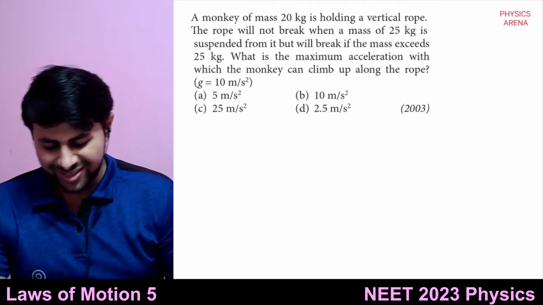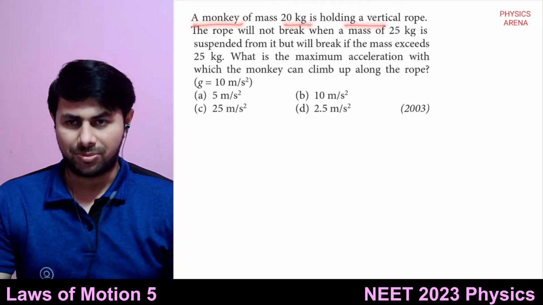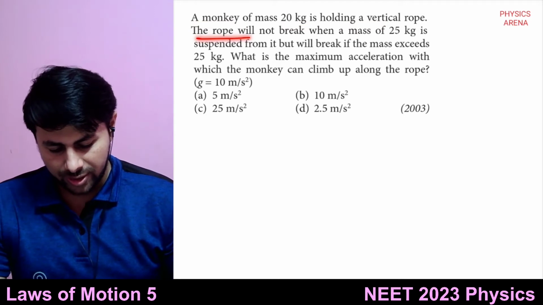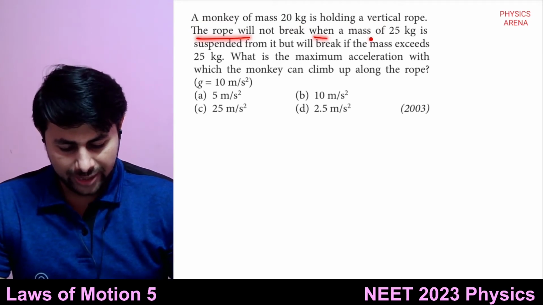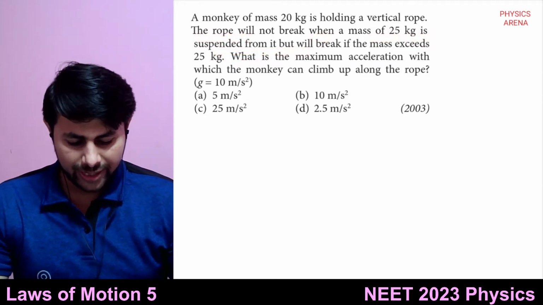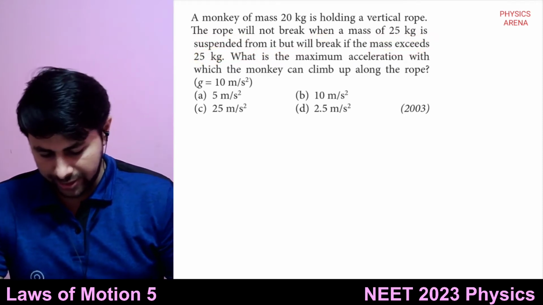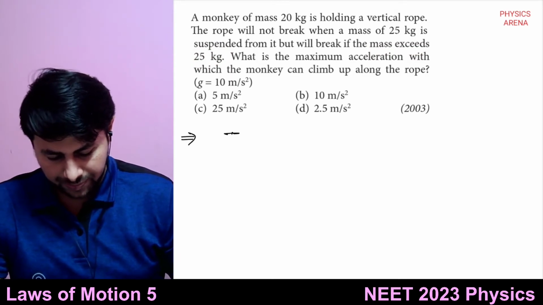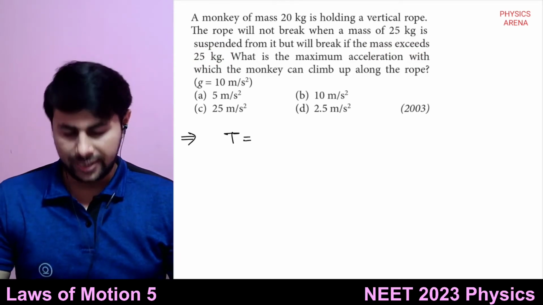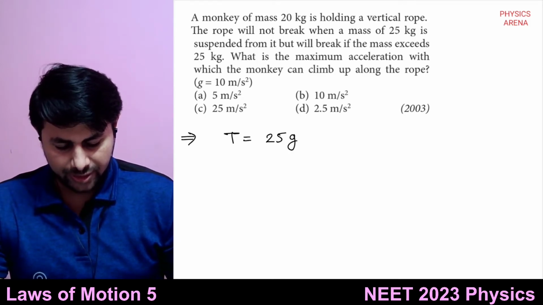Another monkey. A monkey of mass 20 kg is holding a vertical rope. So similar question. The rope will not break when a mass of 25 kg is suspended from it, but will break if the mass exceeds 25 kg. So that means the maximum tension that the rope can take without breaking is 25 times g.